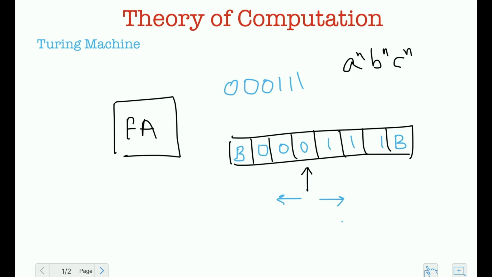We have our cursor right here initially, and then we move the cursor to, let's say, here, followed by here, followed by here. Then we decide that we want to go backwards, so we move the cursor here, followed by here, and again to here. So I can move this cursor in both directions when I'm doing any transitions on my Turing machine.